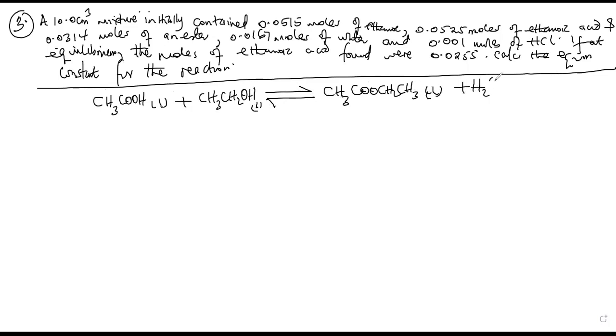So one may ask, what is the role of hydrochloric acid in this reaction? Simply, it is to catalyze. It acts as a catalyst in this case. So in other words, we are going to neglect it.